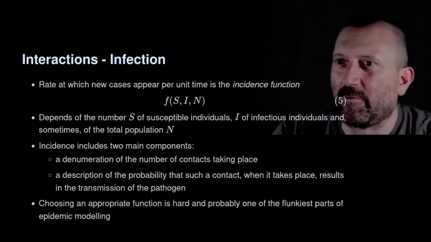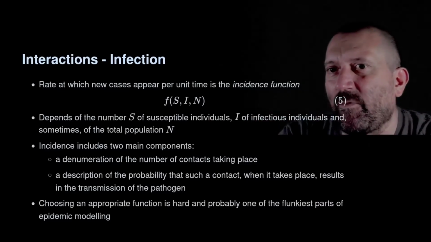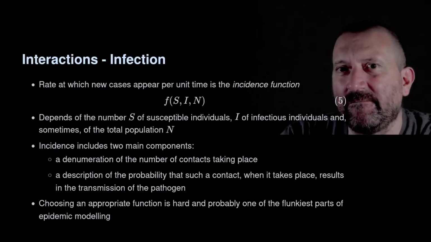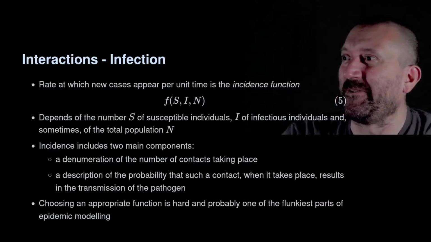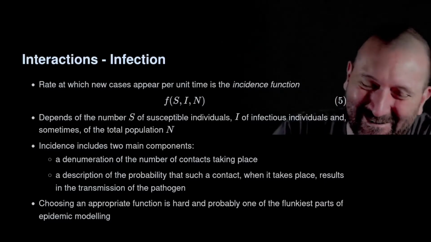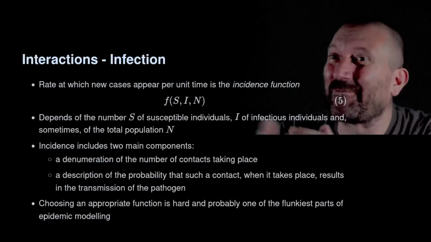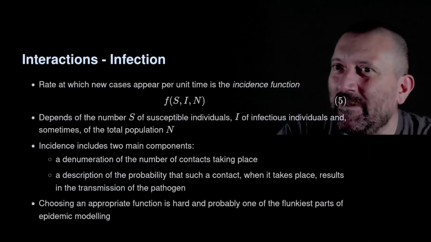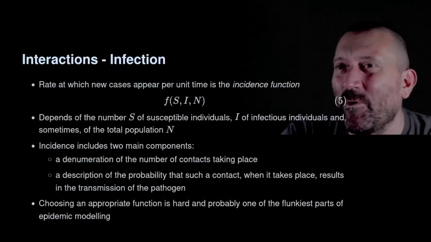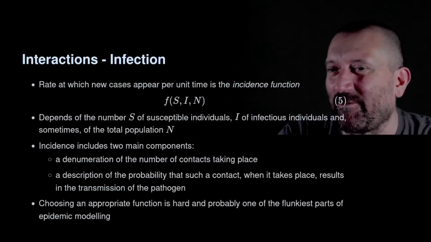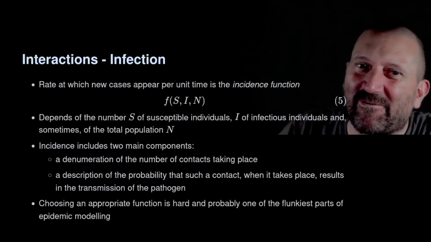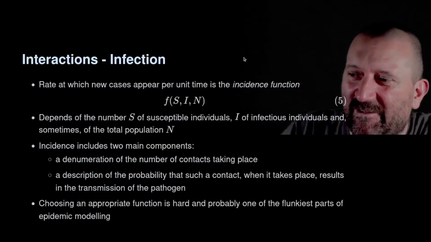And those of you doing, for example, agent-based models, that I talked about briefly in the introduction, sorry. So those of you doing agent-based models, the main purpose of agent-based models is to address some of those approximations we make when choosing incidence functions.